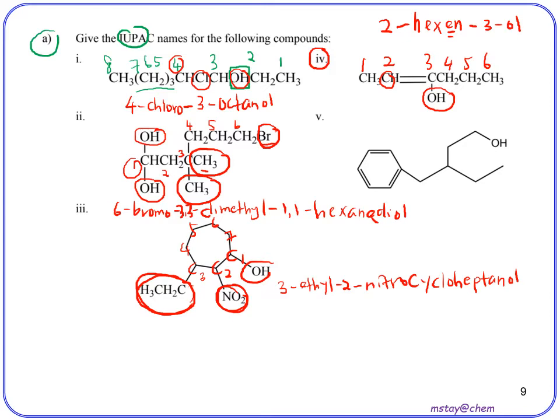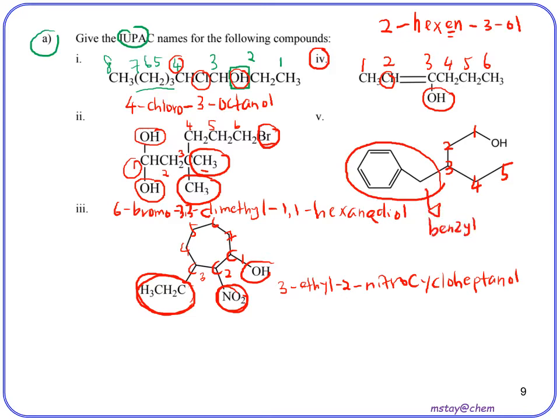Next one, we will continue with question number 5. This is the first carbon, second carbon, third carbon, fourth carbon, and this is the fifth carbon. Here we have one substituent, which is known as benzyl.